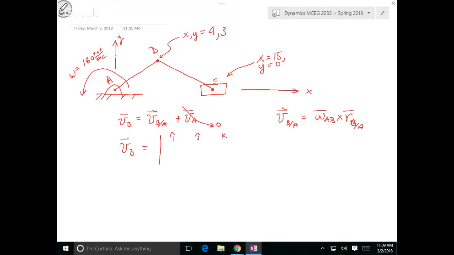Now, if I give X and Y, you do the right hand, lay it on X, rotate to Y, and your thumb comes out in Z. So that's a positive omega. From a vector standpoint, this is plus k.